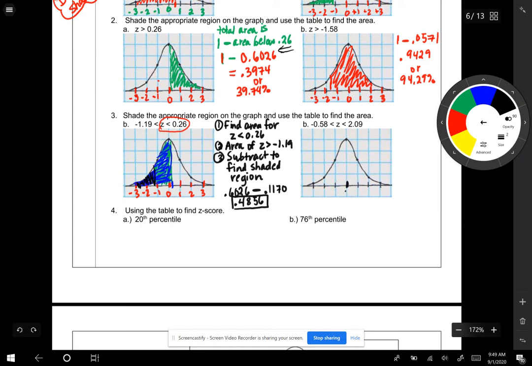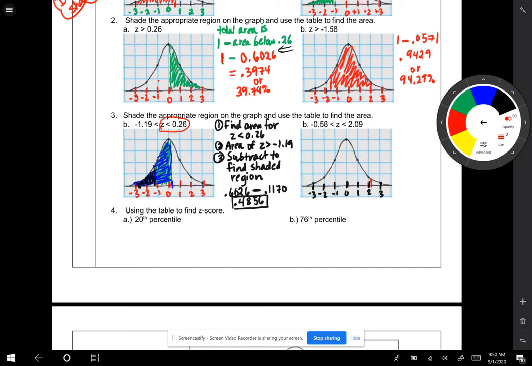We'll do this one really quickly. You're probably thinking, well, why do we have to do so many examples? Well, just so it sticks in your brain. So the right side, z less than 2.09. So here's 2. So less than that would be everything to the left of that.